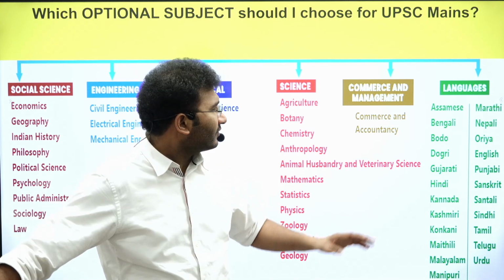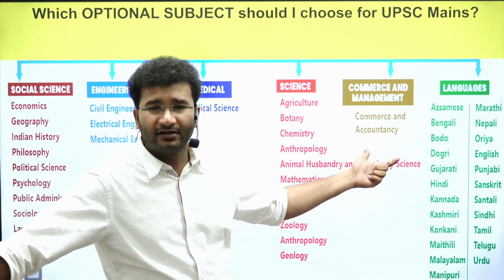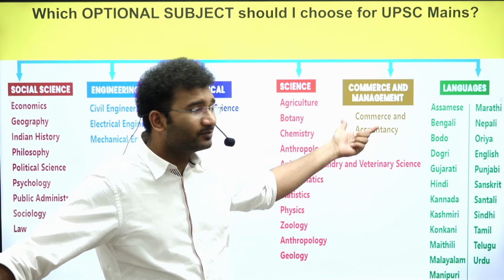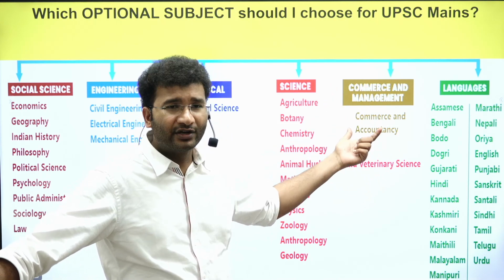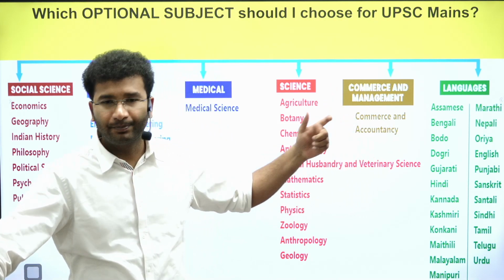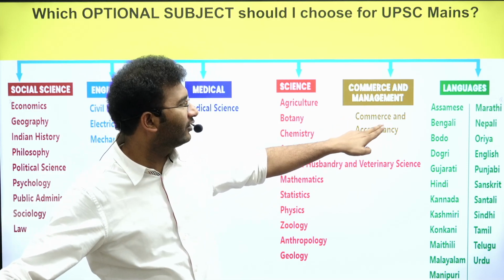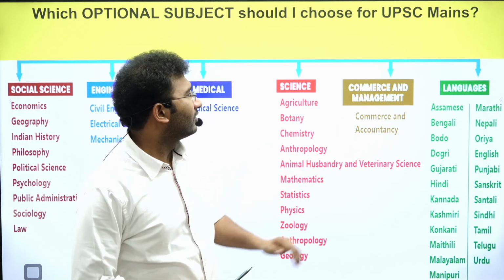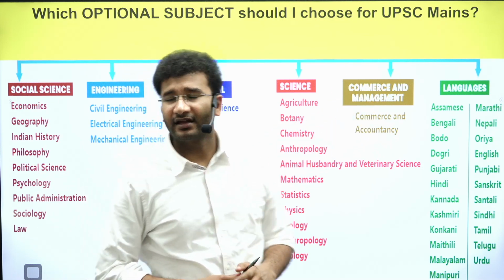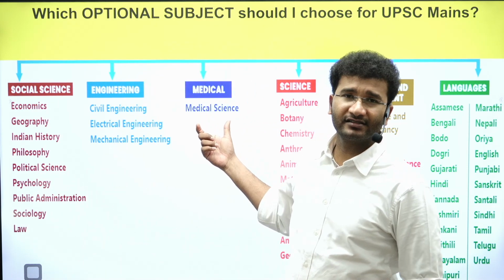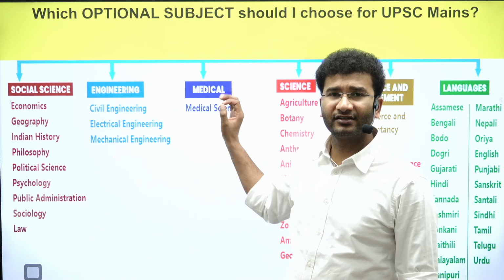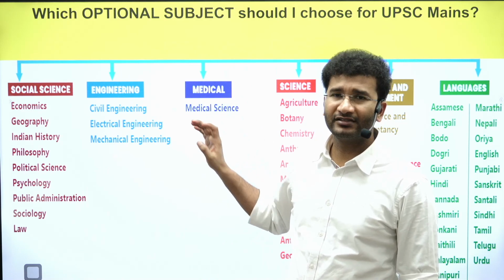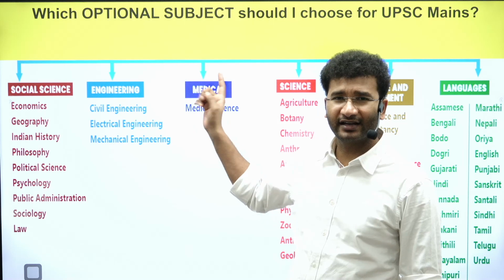Now coming to commerce and management, it is a subject for chartered accountants and for people who have a background in commerce and accountancy. For commerce and accountancy as well as medical sciences, choosing these kinds of optionals, you need some proficiency, meaning you need to have studied them at the graduation level.